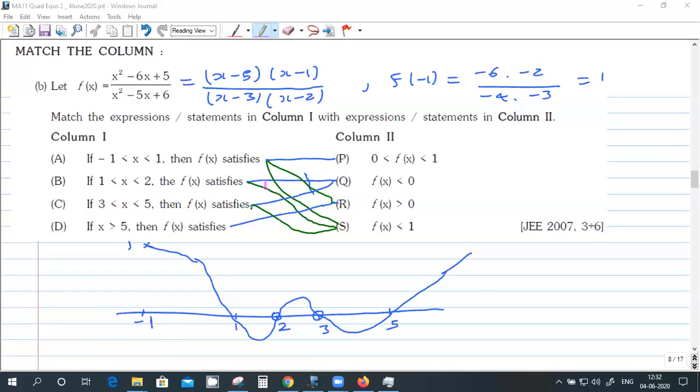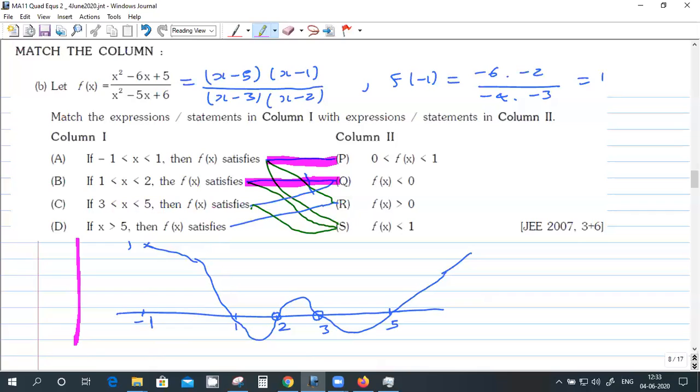The first one will match with P, right? Yeah. Okay. And the second will match with what? Q. Yeah, Q. Between 1 and 2, so this is the curve you got, right?